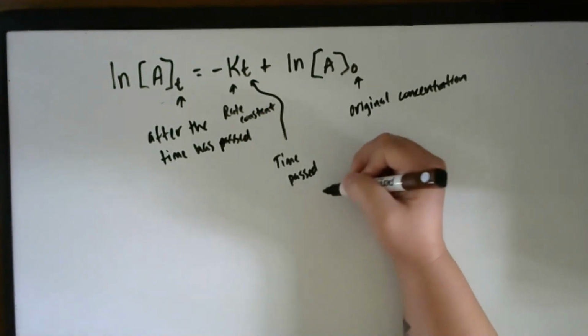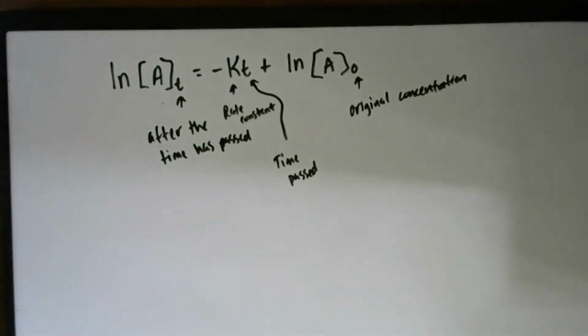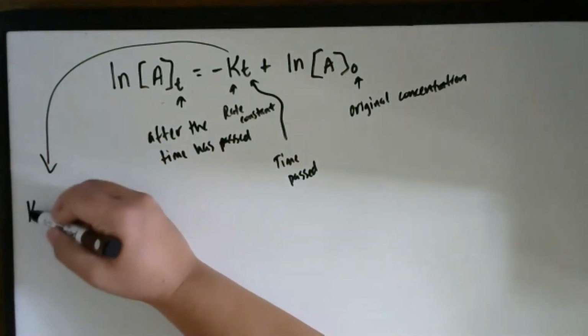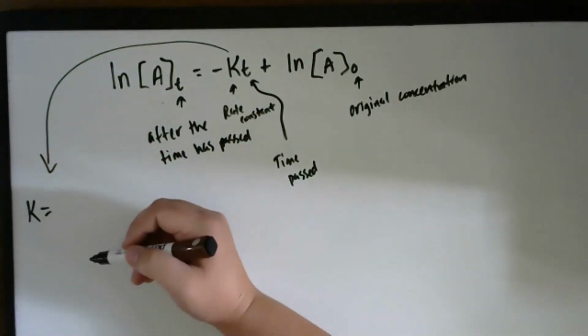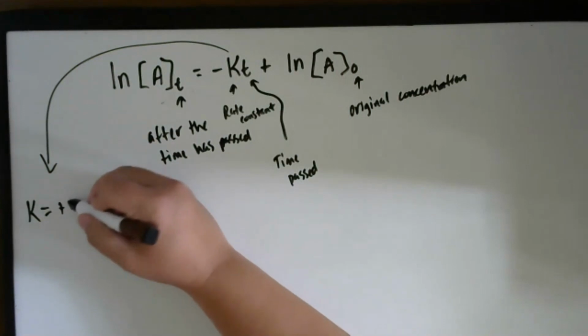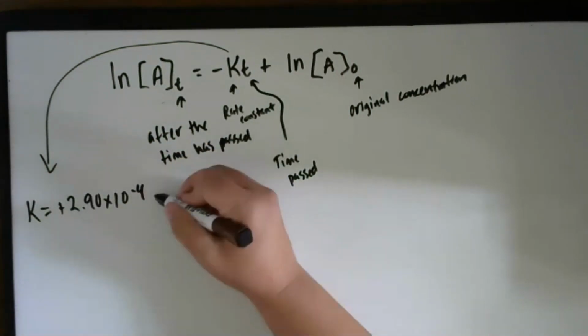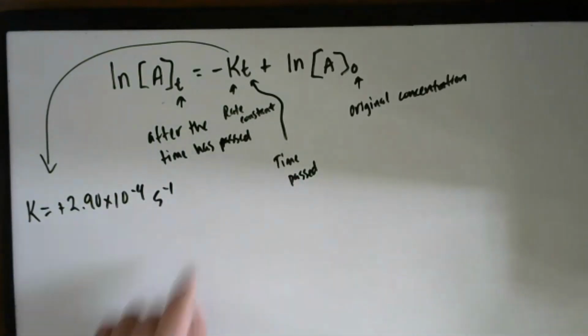What I'm going to tell you is that you need to make sure that your time is in the same units as your rate constant. In this case, that's fine, because our k value, just right over here, we've already determined that our k equals positive 2.90 times 10 to the negative 4 inverse seconds.